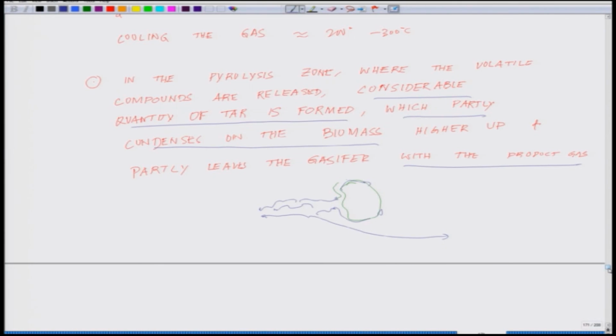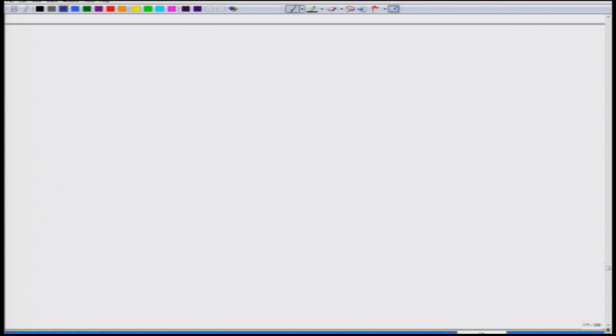Now, there is a fourth point about this updraft gasifier we needed to highlight, that is, the temperature in the gasification zone is controlled by adding steam.